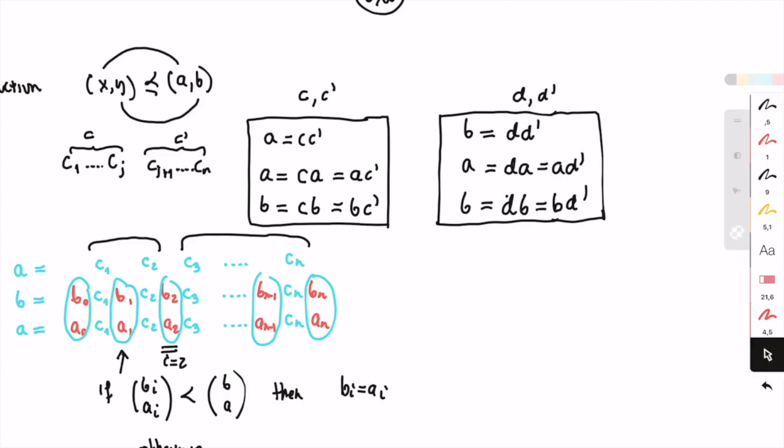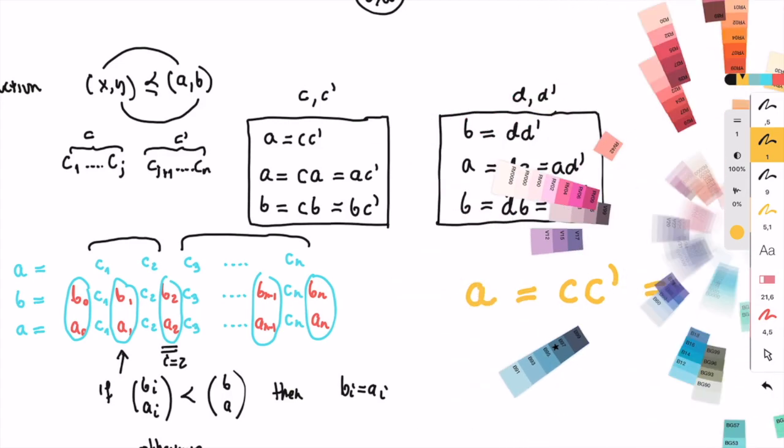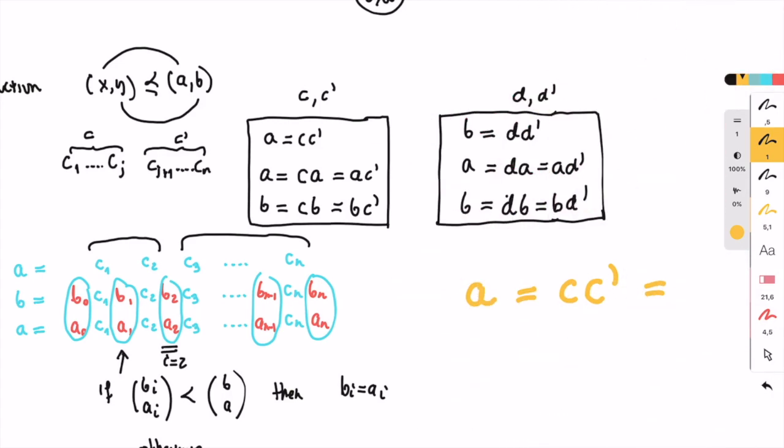So take all of these C, C prime, D, D prime, and now we're ready to give the final blow. So A is equal to CC prime is equal to DC, I can add the Ds, and I can continue this forever until I get a large number which is an idempotent.